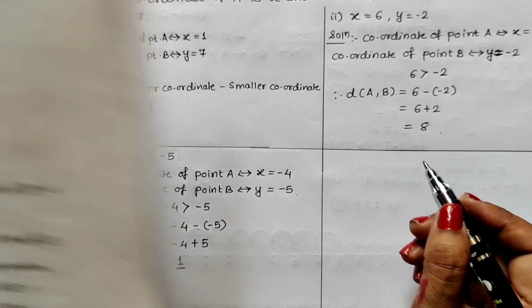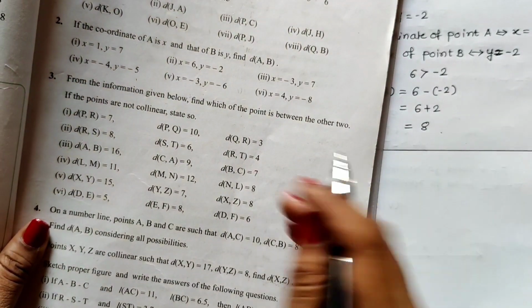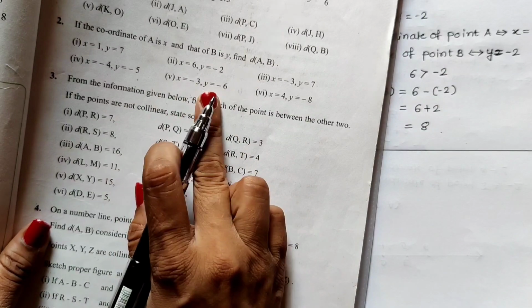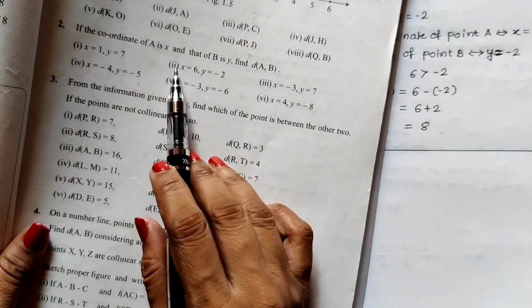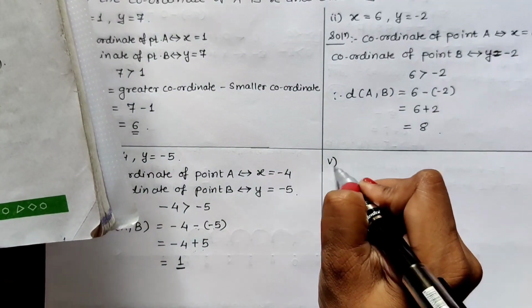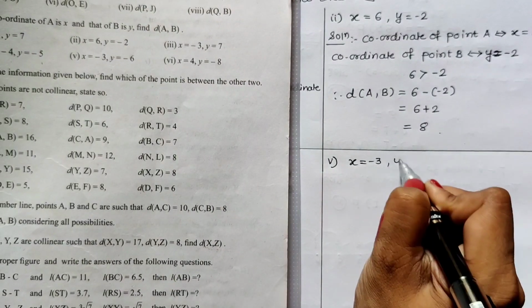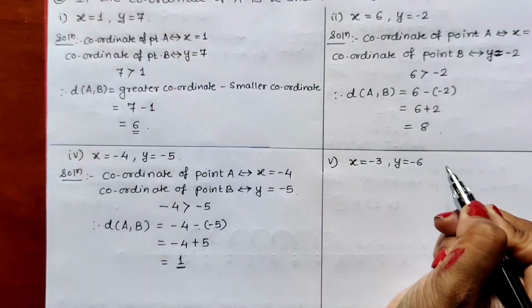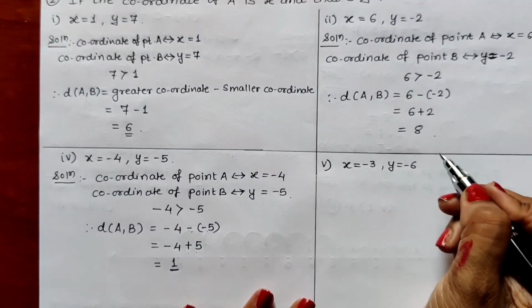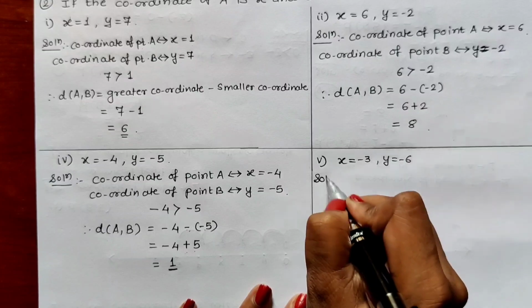Now let us do it for fifth sum. Okay, I will show you fifth one, and these two sums you can solve on your own. X is equal to -3 and y is equal to -6. I start the solution by writing coordinates.